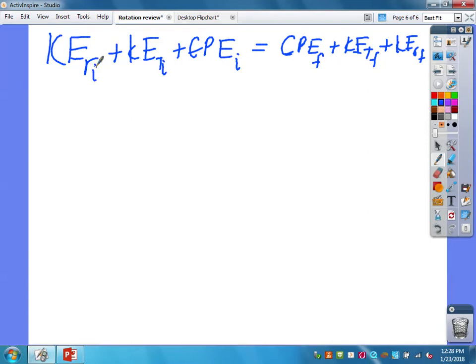Doing this problem, the object's not moving initially, not moving or rolling or rotating. So everything's just gravitational potential. It's on the ground at the end. It's just whether it is rolling or all changing into translational energy. But this is our new work energy theorem to be aware of.